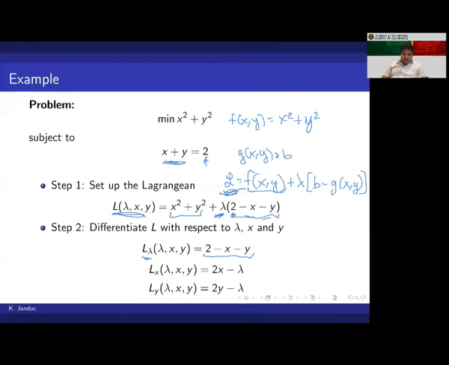Now the first order partial derivative of the Lagrangian with respect to x: you have 2x, and then x appears here, so you have negative lambda. Finally, the first order partial derivative of the Lagrangian L with respect to y: the derivative of that is 2y, and then y appears here, so it's negative 1 times lambda, which is negative lambda.